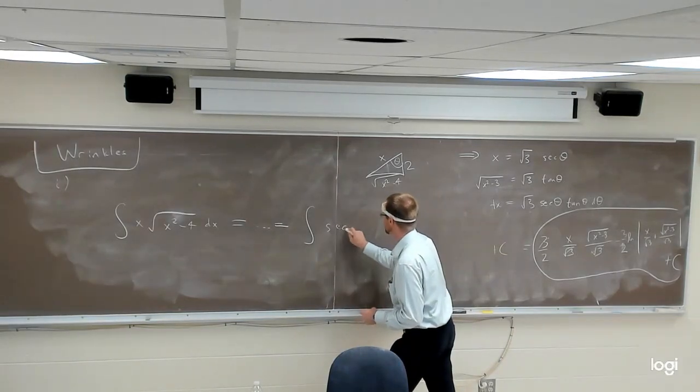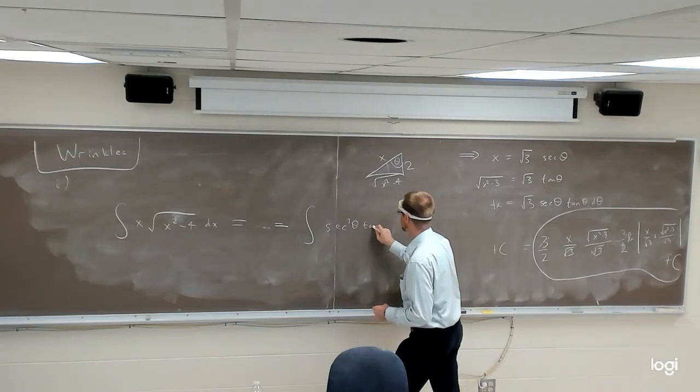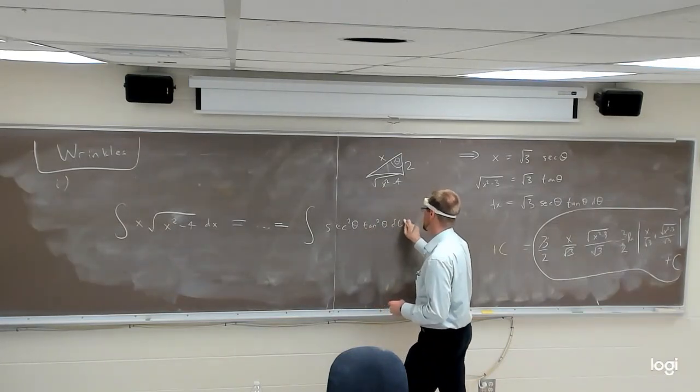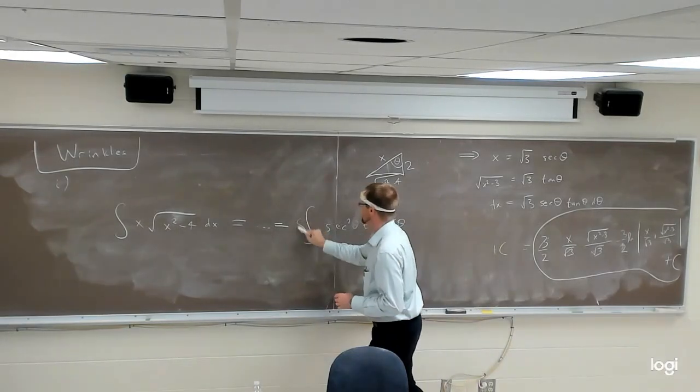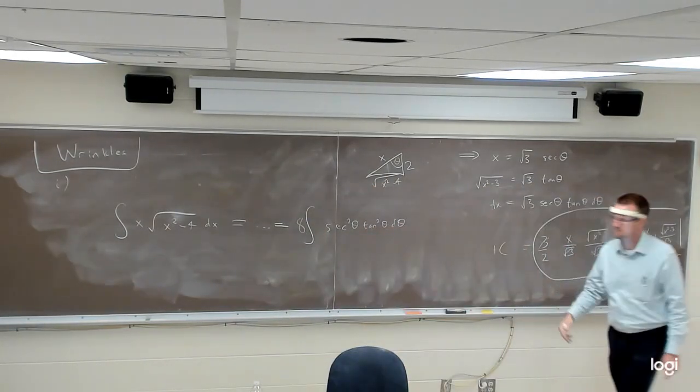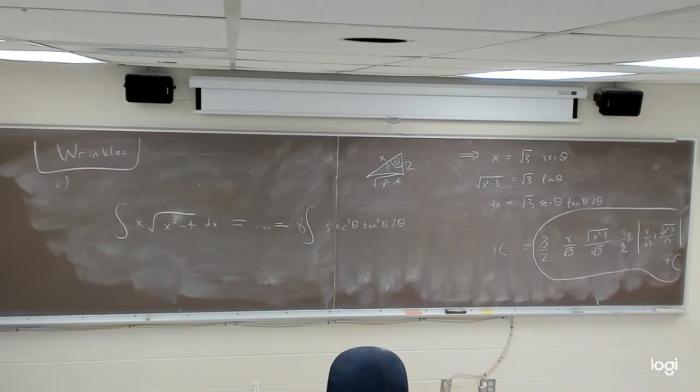I'm going to get something like this, times some constant that I didn't keep good enough track of. I think it's 8. So I could do that. I could go through and wind up with a secant squared times tangent squared, and as trig integrals go, that's not too bad because I can substitute for the tangent and it's going to work out.